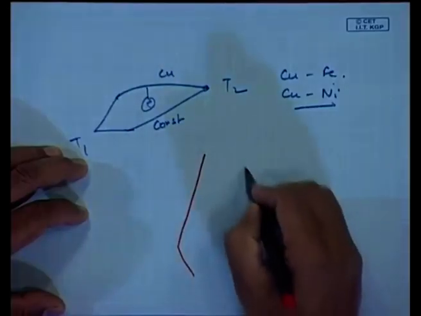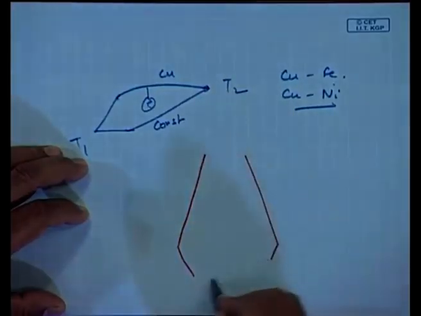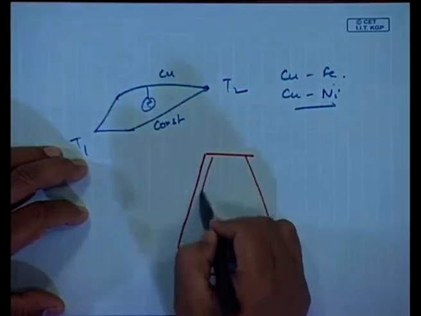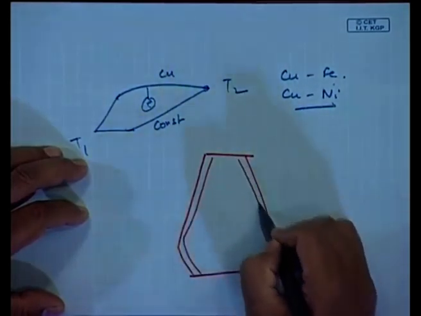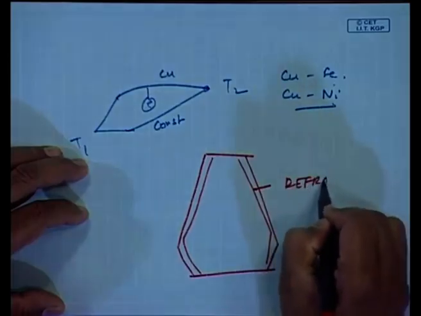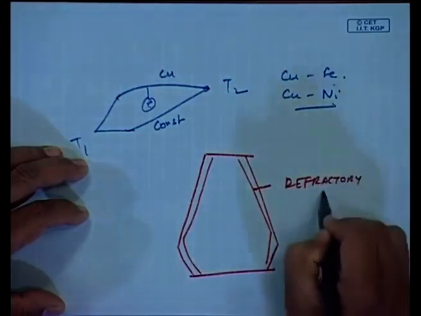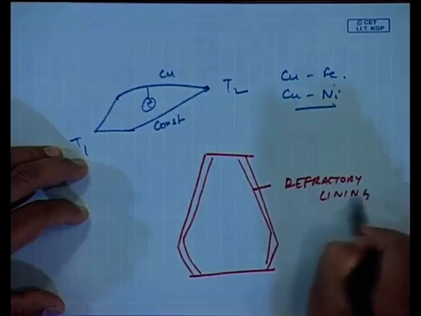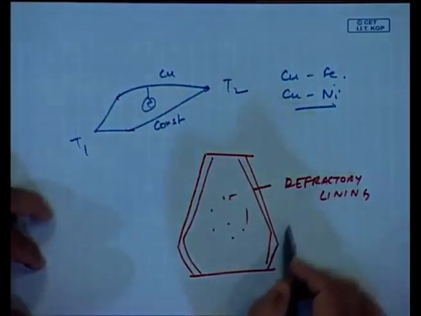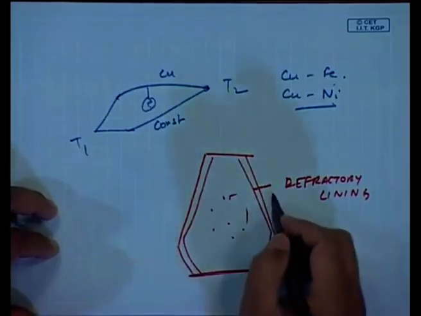For example, in a blast furnace, on the inside they have a refractory lining, and a lot of very high temperature operations are going on. What happens when the blast furnace ages?